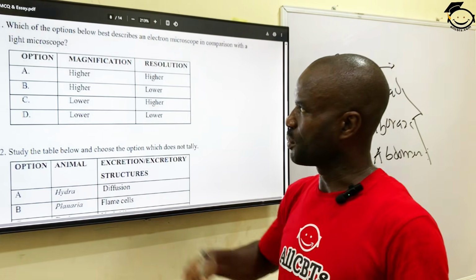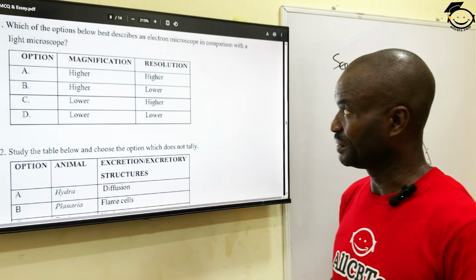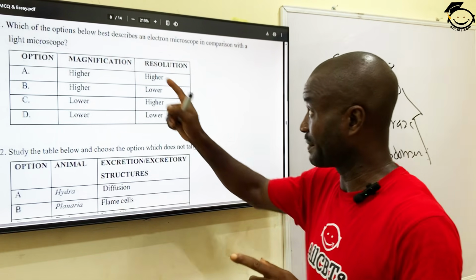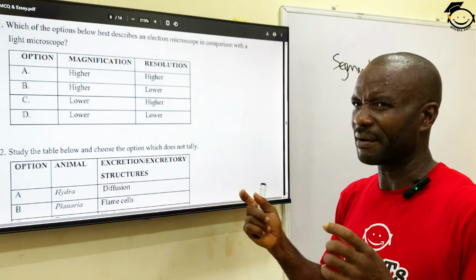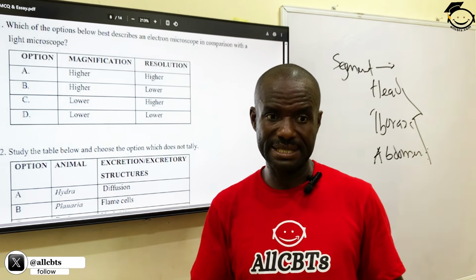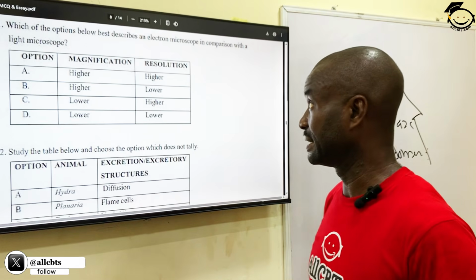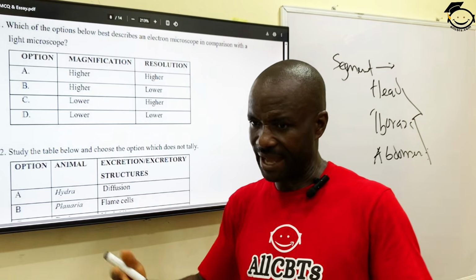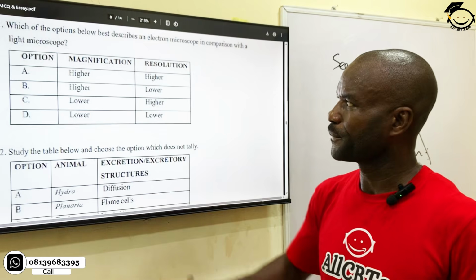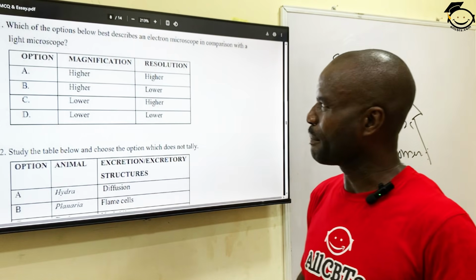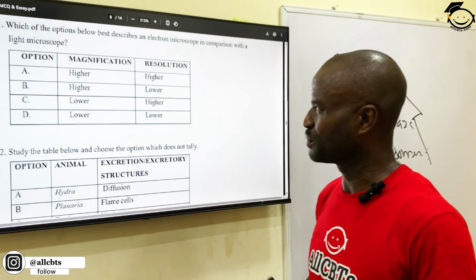We are trying to compare two properties, the magnification and resolution. Magnification has to do with size, making the size larger. Then resolution is making it clearer. A, they have higher magnification and higher resolution.